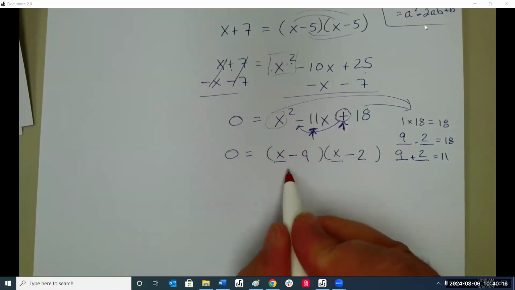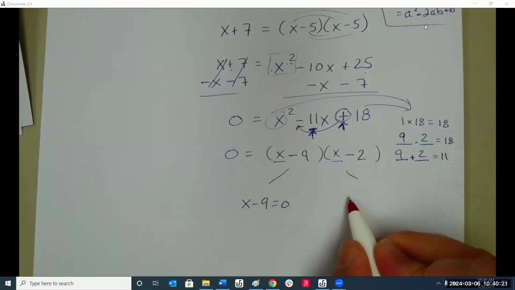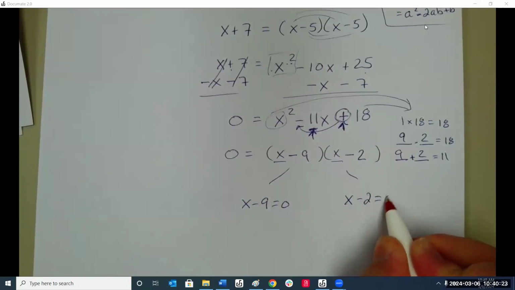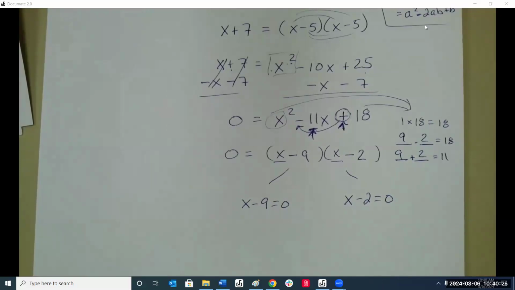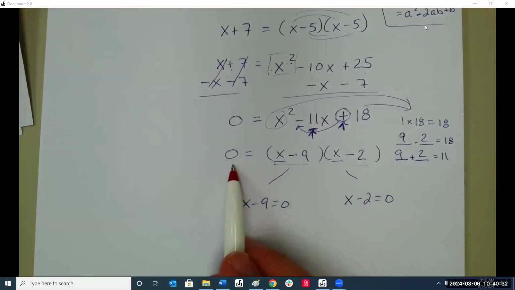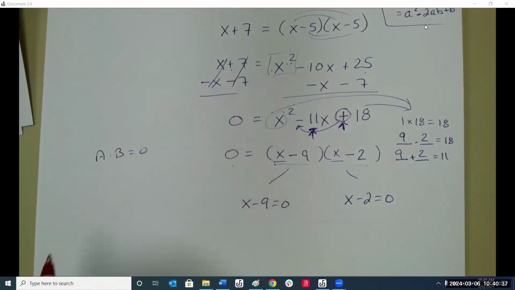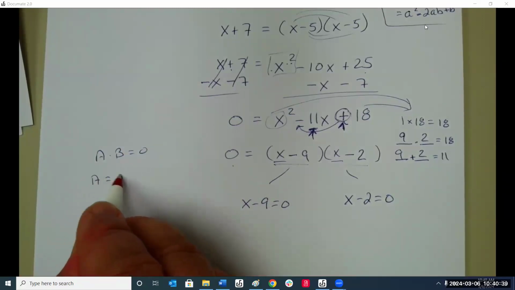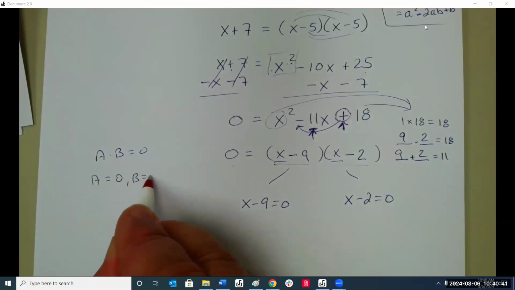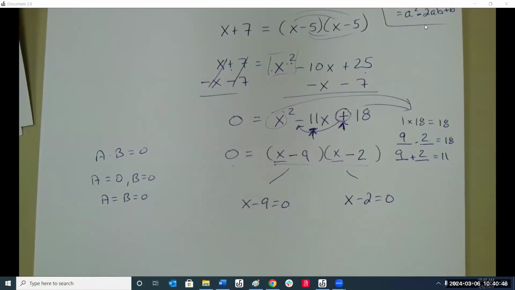X. So we take both of these and set them equal to 0. That is what we call the zero product principle. We have two numbers multiplied to each other that equal 0. So if we had A times B and they equal 0, that means either A is equal to 0, B is equal to 0, or they're both equal to 0. So we set them both equal to 0.